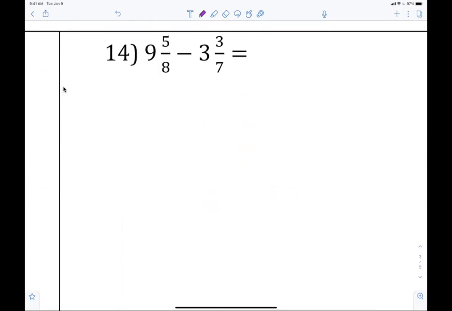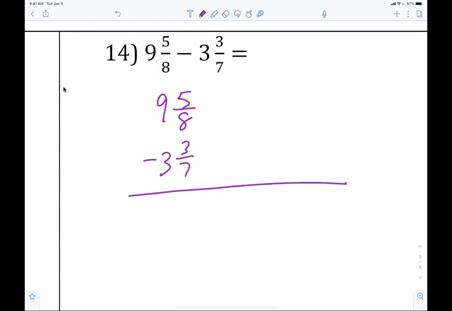So let's talk. Emily, we got this. All right. So first of all, am I adding or subtracting? Good job. So I'm going to go ahead and write 9 and 5/8 minus 3 and 3/7. So can you tell me a common denominator?